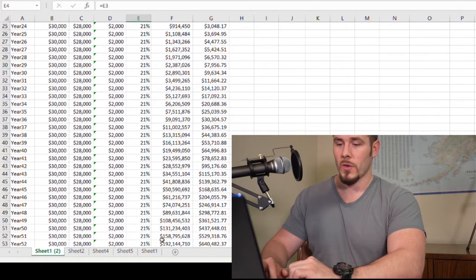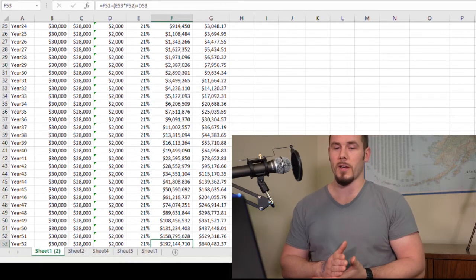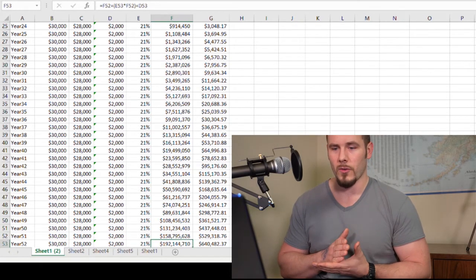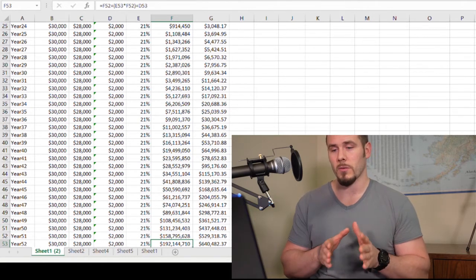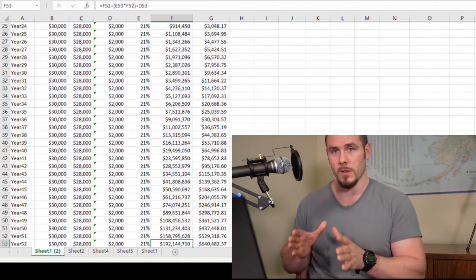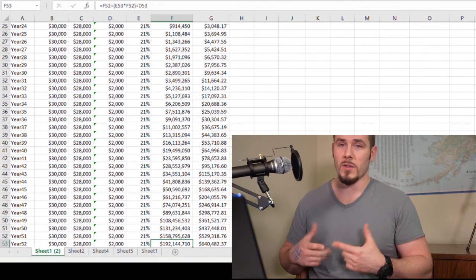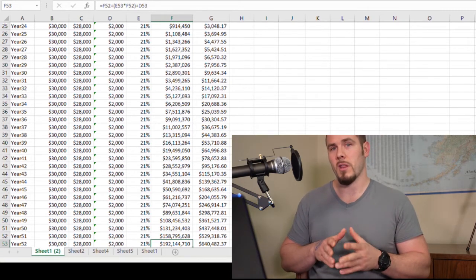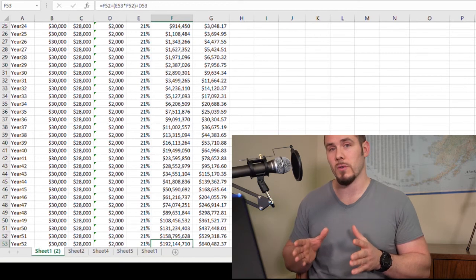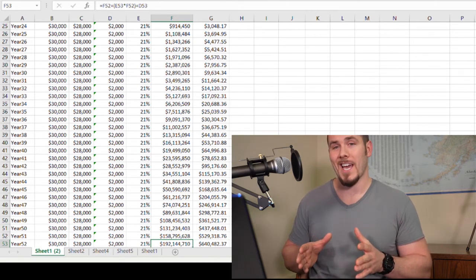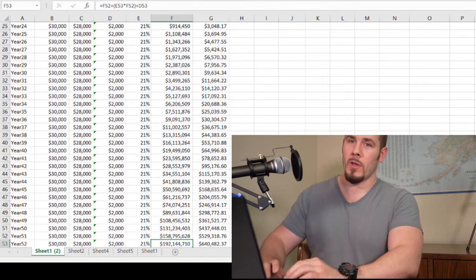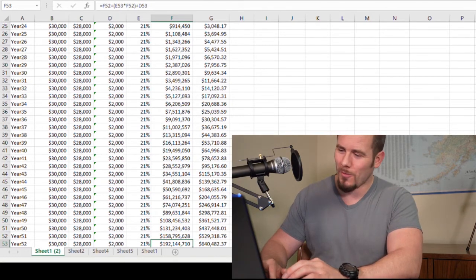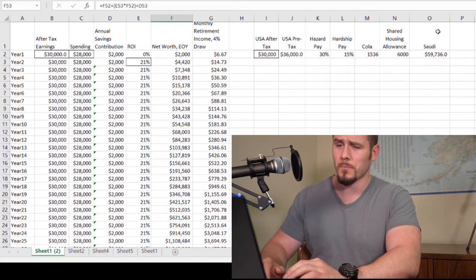Okay, so that turned that $104,000, by contributing $2,000 annually for 52 years, into $192 million after 52 years if you got a 21% return. So why should you care? 21% sounds pretty outrageous, right?